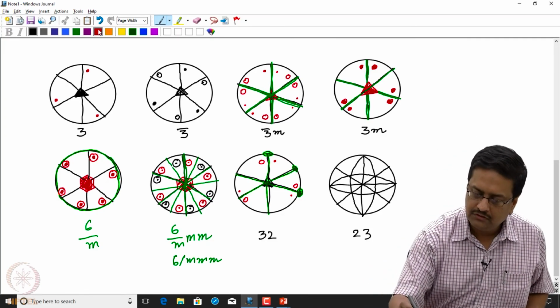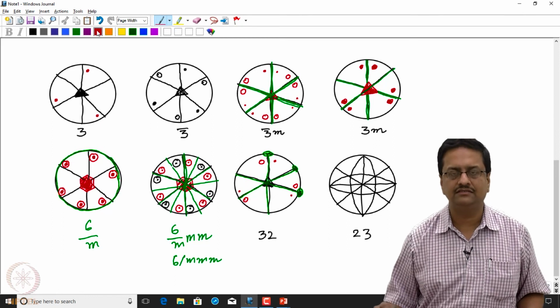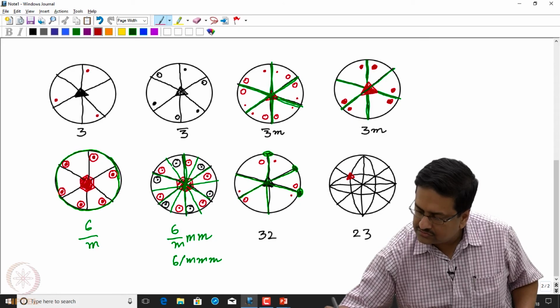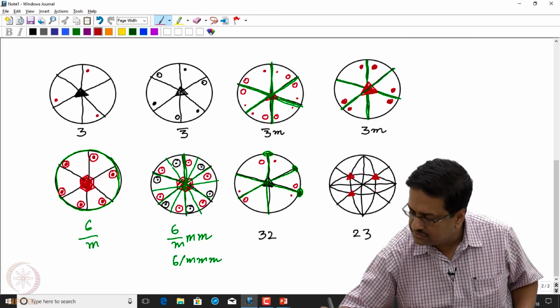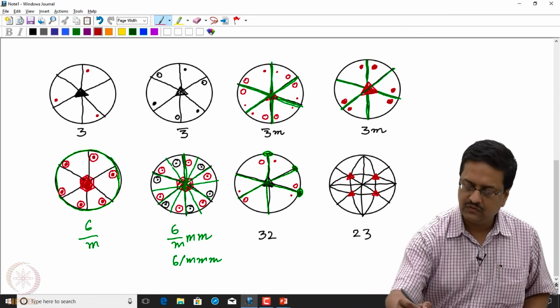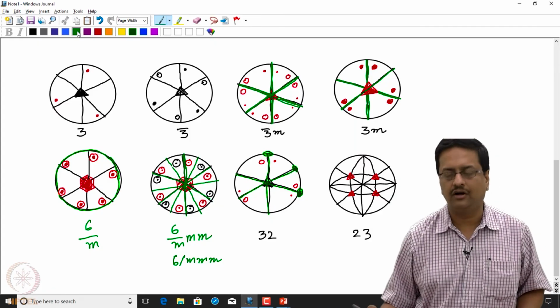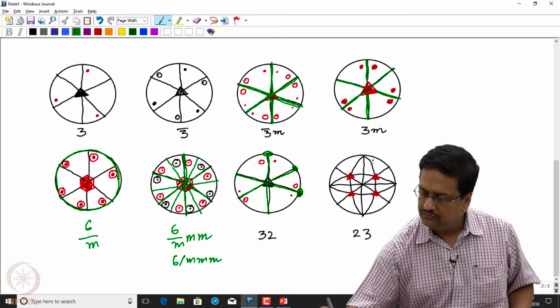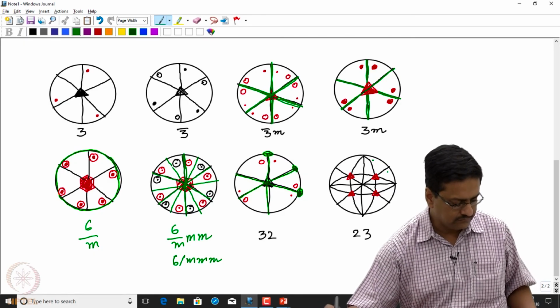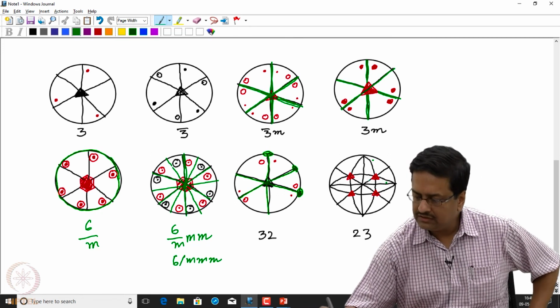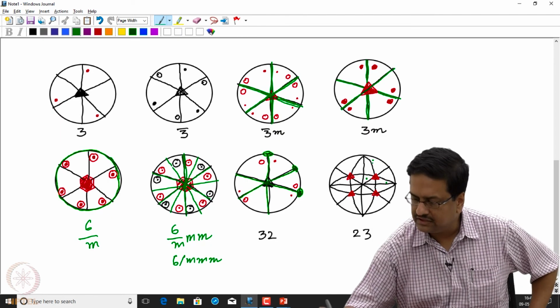So now, since we have 4 threefold axes along the body diagonals, we write those threefold axes at those 4 points of intersection of the lines. So now if we start putting our points, the objects, suppose we have one object here, we do a threefold rotation, the object comes here. We do another threefold rotation, the object comes there, about that 3.